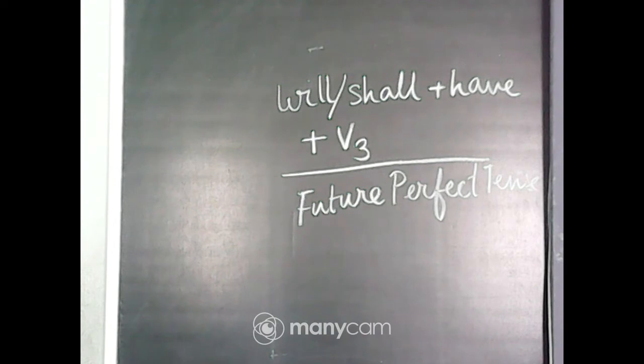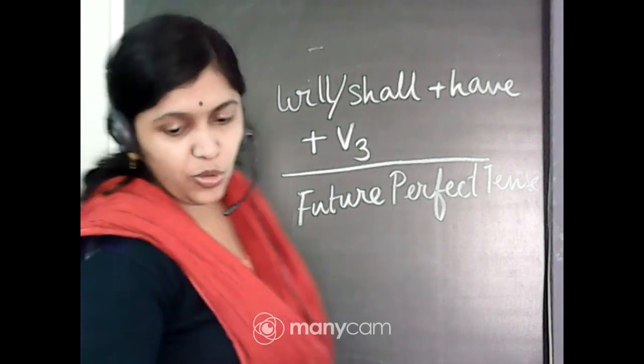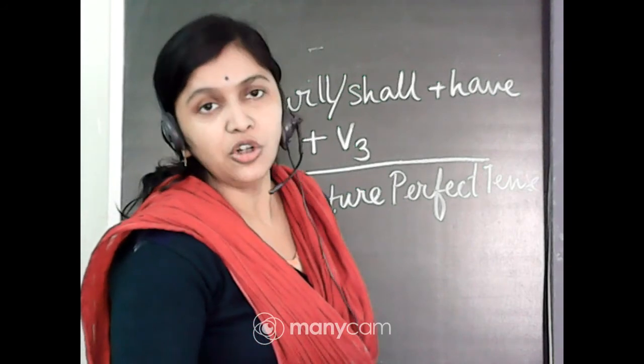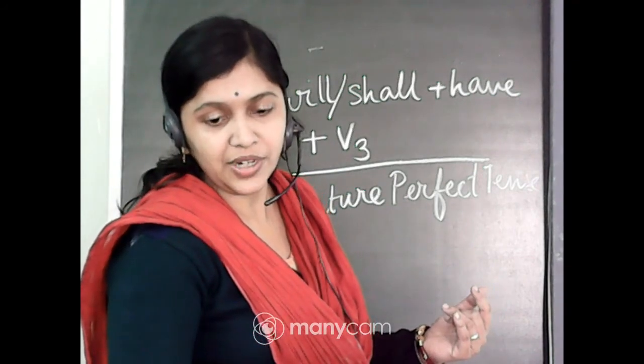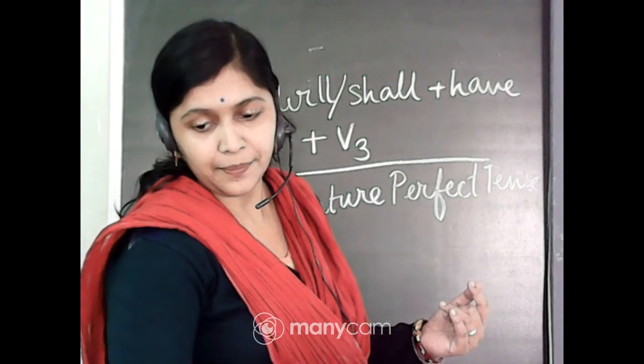Will have left, shall have prepared, will have gone. It is also used to talk about an action which will be completed before a certain time in the future. Either two future actions will be mentioned, or just one action will be mentioned when it will be completed.